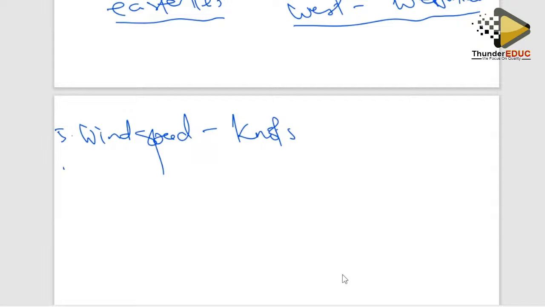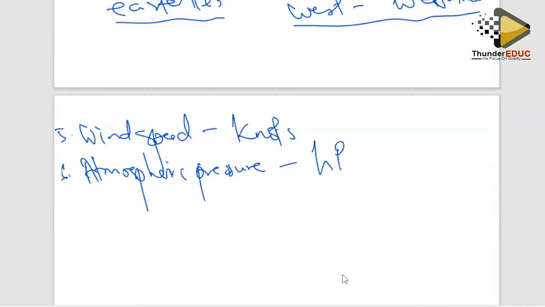Right. And also, we can have another weather element which is summarized, like the atmospheric pressure or the air pressure. Our atmospheric pressure is also summarized on the synoptic map. The standard units of measurement we use on the synoptic map are called hectopascals, which is HPA.